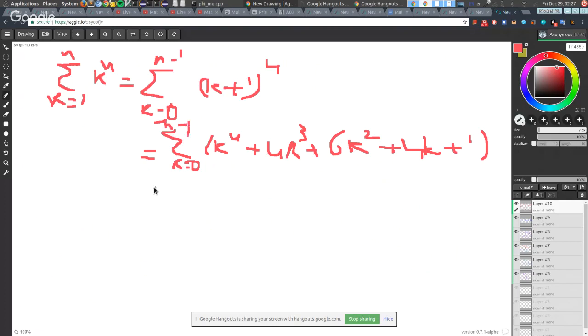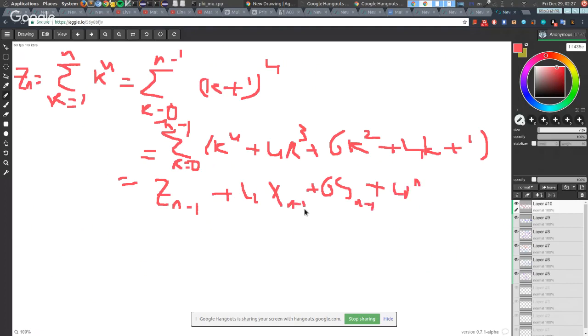Here n minus 1. So basically, we call this now Zn. So here we have Zn minus 1 plus 4 times xn plus 6 times Sn plus 4 times, so these are n minus 1, n minus 1, and here the sum of numbers, and here the sum of the power of one of the numbers.